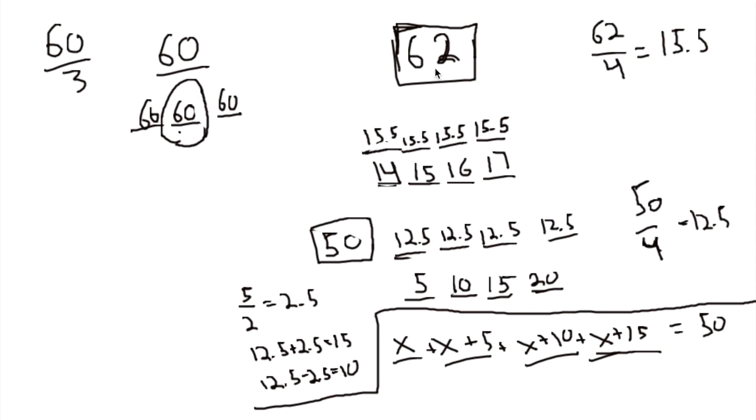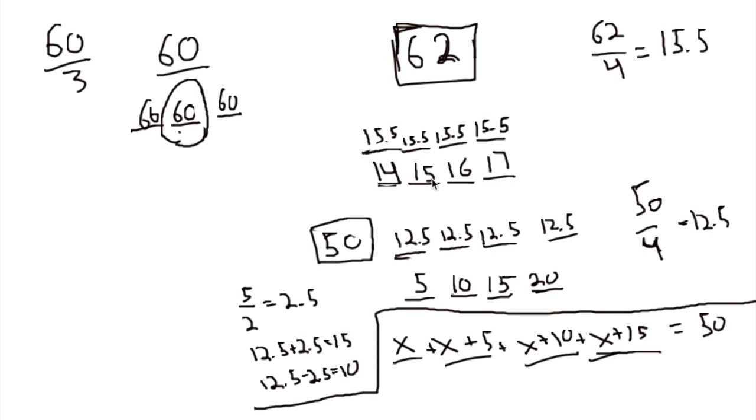So what you do, you take the sum, again divide by the number of terms. So let's say they tell you 4 consecutive integers add up to 62. What are those 4 integers? So I take the sum, divide by the number of terms, 4, I get 15.5. I write it out 4 times in my 4 slots. It sums to 62. I draw 4 new slots.